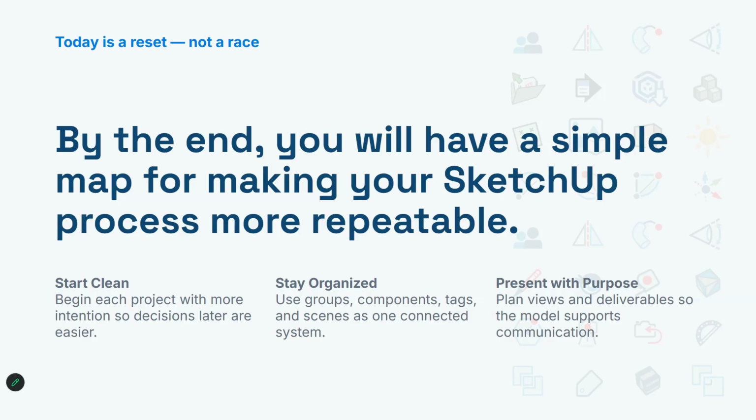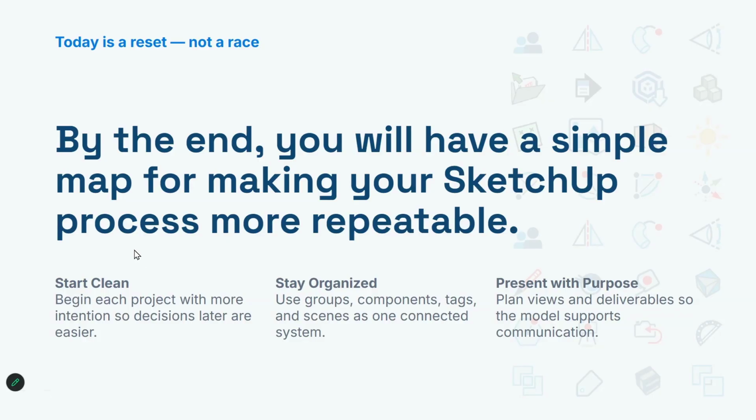These 3 main principles I want to address today are starting clean, staying organized, and presenting with purpose. I'll get into each one of these specifically, as well as give you a demo on how you can start to apply this and then move on from there.